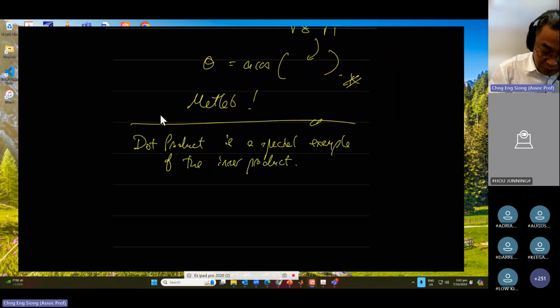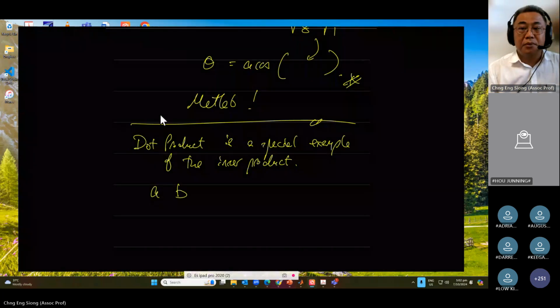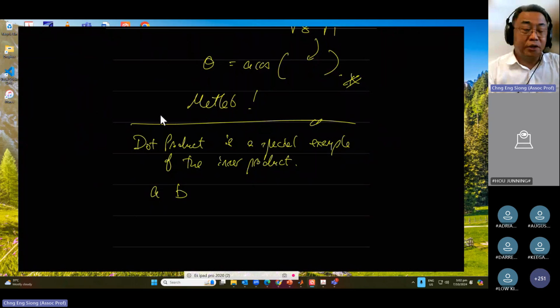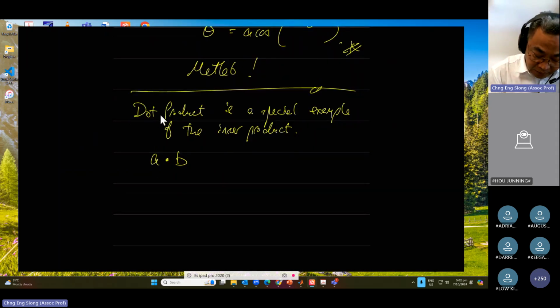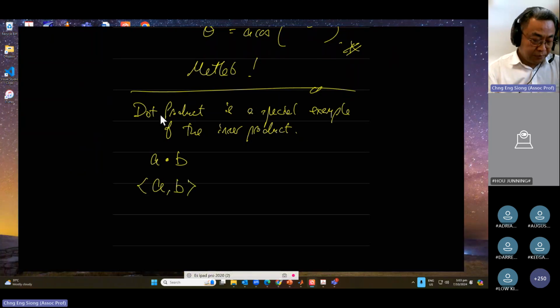So I show you this notation. I want to play with two vectors, A and B, so I need to introduce a notation to tell you I'm playing with these two vectors. The dot product uses this notation. The notation for the inner product is this, A comma B.